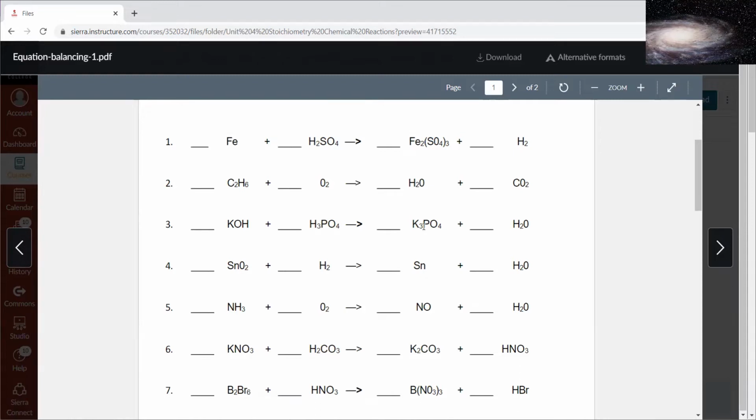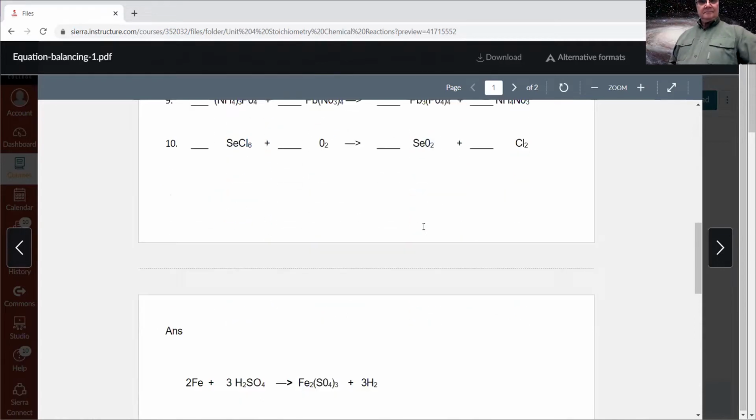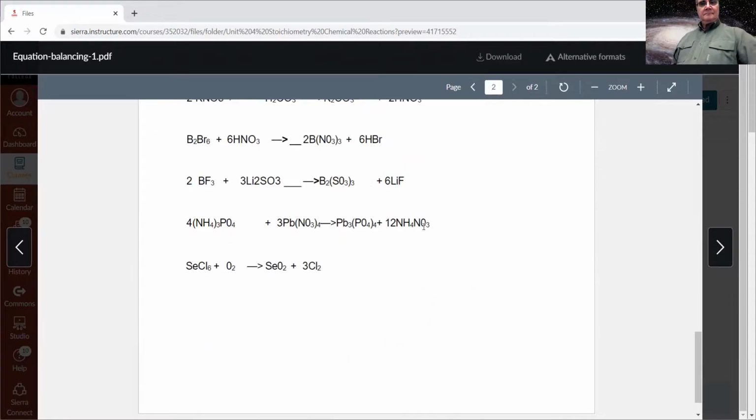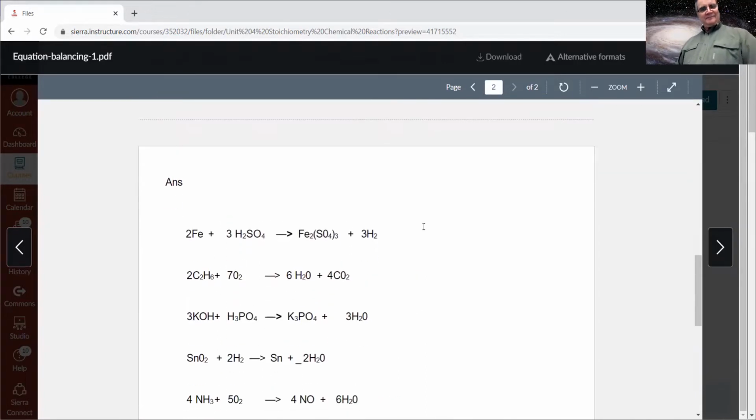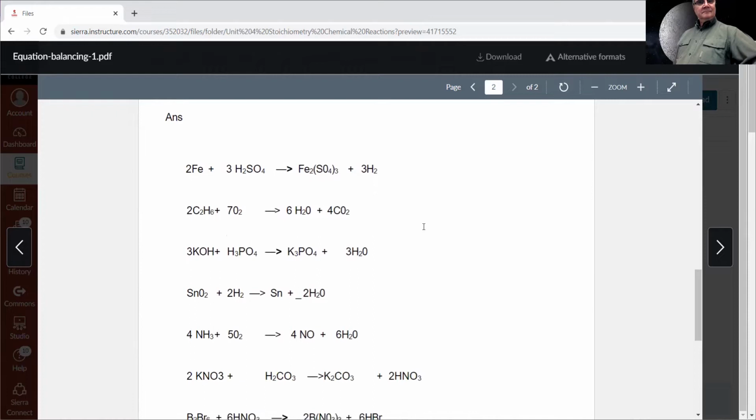So the answer keys for this are on Canvas as well. It's on the next page down. There's another one named answers. Oh, right here. Yeah.